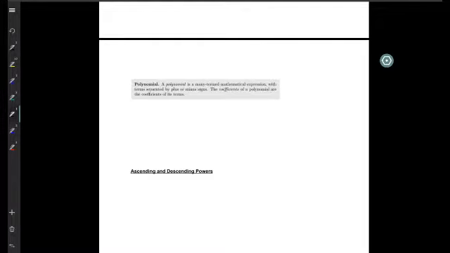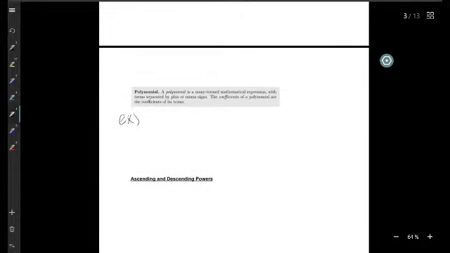A polynomial is a many-termed mathematical expression. So an example might be 7x to the 5th minus 3x to the 4th plus 9x cubed minus 6x squared plus x minus 5.